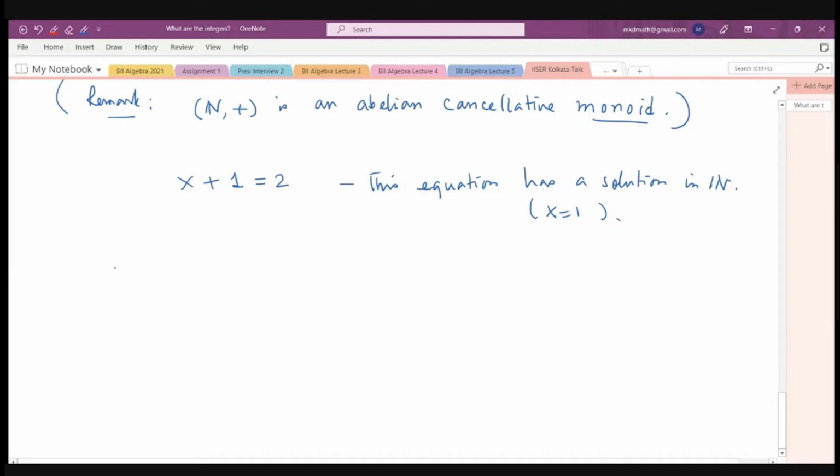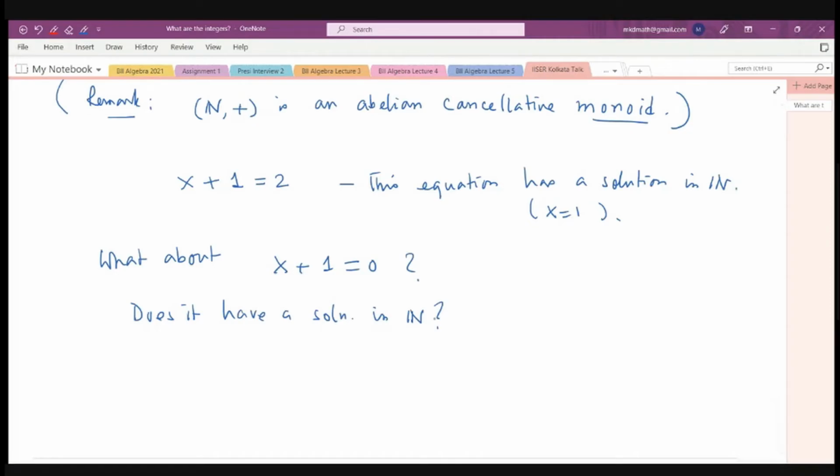Now what about a simple equation, x plus 1 is equal to 0? Does it have a solution? We assume there is no successor of 0.